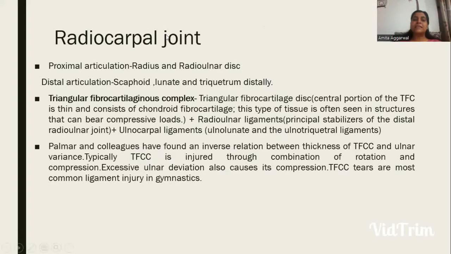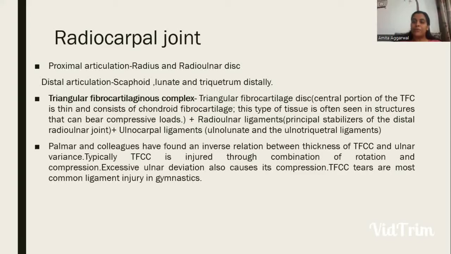So, as discussed, the radiocarpal joint has a proximal articulation formed by the radius and the radioulnar disc, and the distal articulation by the scaphoid, lunate and the triquetrum. The structure referred to as the radioulnar disc is a triangular fibrocartilaginous disc, the central portion of the thin TFC, and it has a chondroid fibrocartilage.